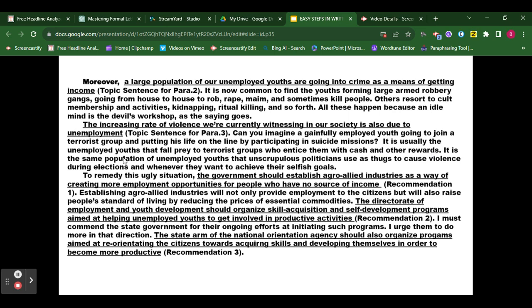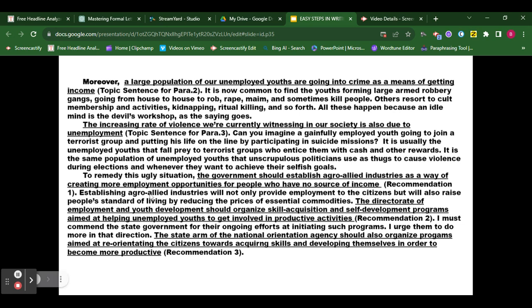It is usually the unemployed youths that fall prey to terrorist groups who entice them with cash and other rewards. It is the same population of unemployed youths that unscrupulous politicians use as thugs to cause violence during elections and whenever they want to achieve their selfish goals.